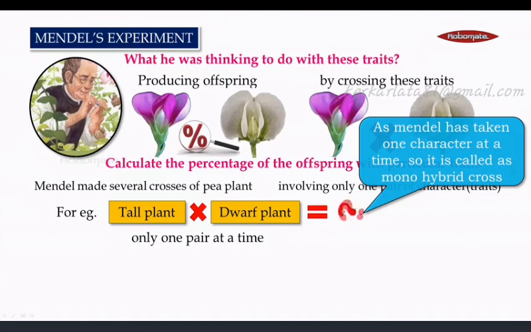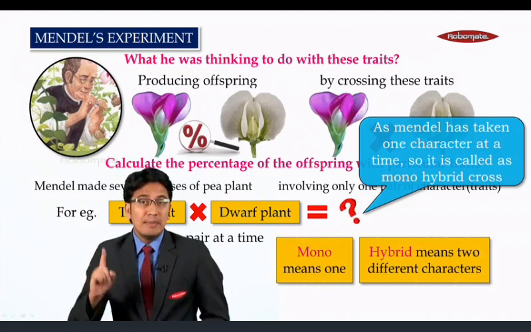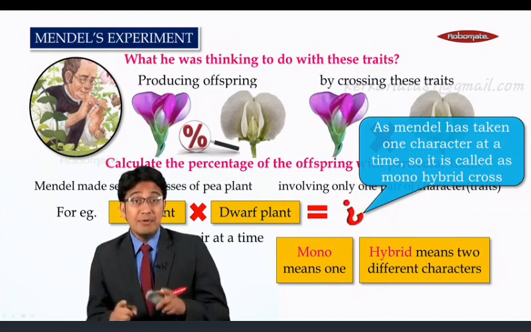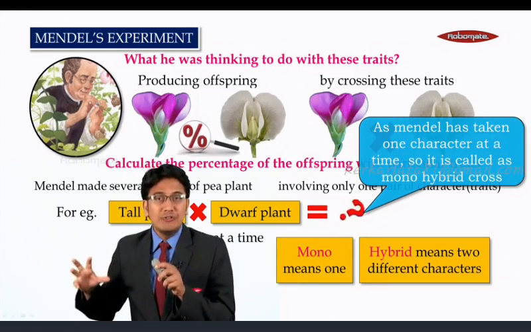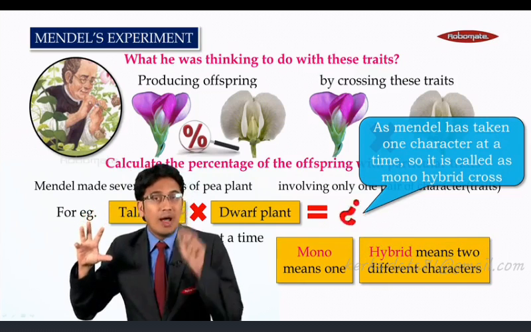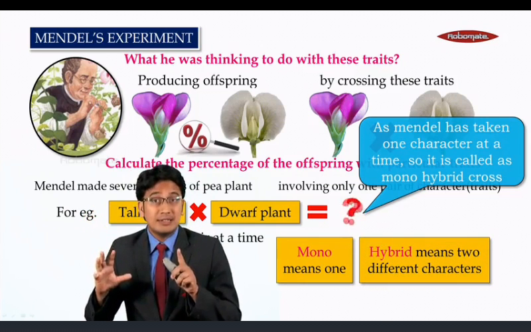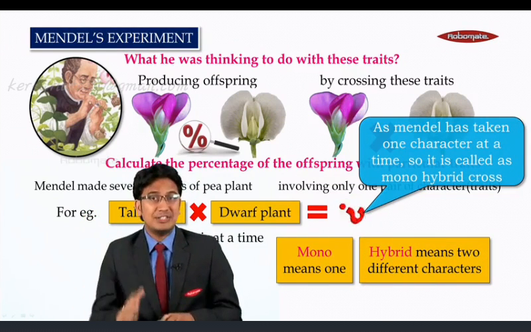So it is called a monohybrid cross. Now why monohybrid cross? Mono means one. Hybrid means two different characters. Here there are two different characters, one tall, one dwarf, but from one plant each.